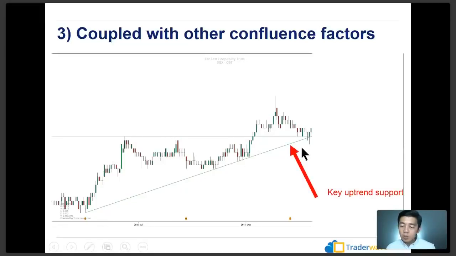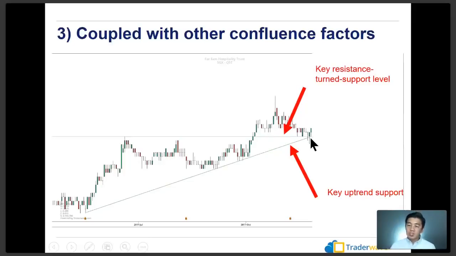Firstly, as you can notice over here, when the candlestick reversal pattern emerges, you can see that it emerged where that key uptrend support is. Okay, and at the same time, do you notice that where the candlestick reversal pattern happens, it was also at a very key previously resistance, break above becomes support level. So it also happened at a key support level. So do you realize that there are three confluence factors happening together at the same time?